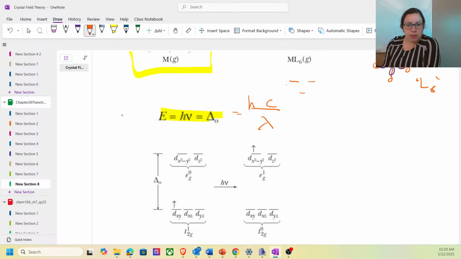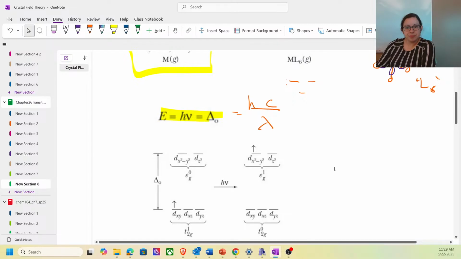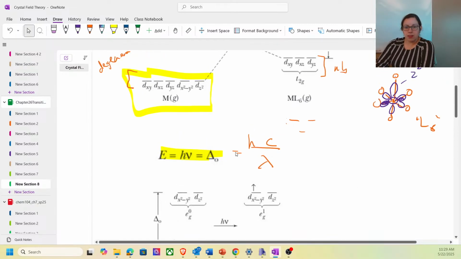And so I put it in this form, so you remember, it's also equal to Planck's constant times the speed of light divided by the wavelength. And that's, again, pretty colors, where everybody gets excited, and that's why the colors matter.